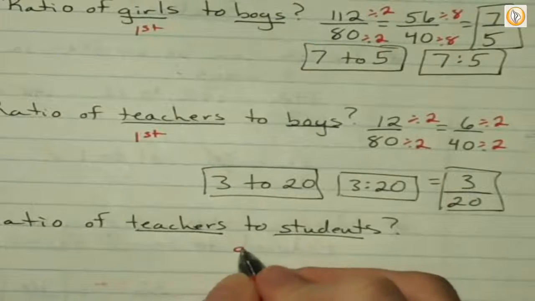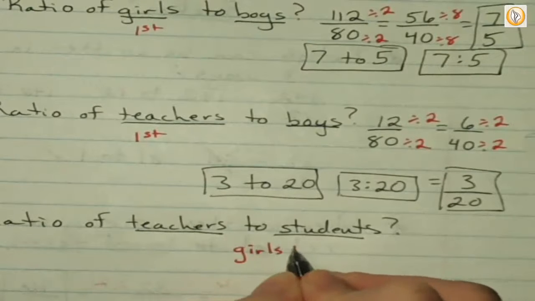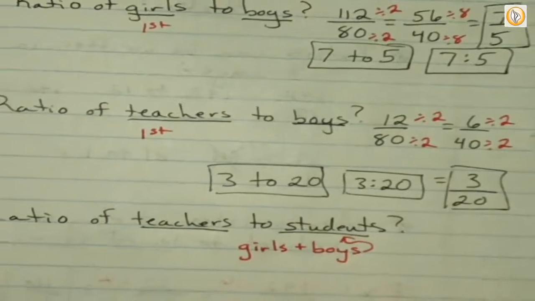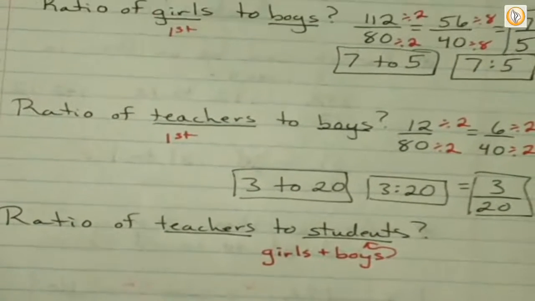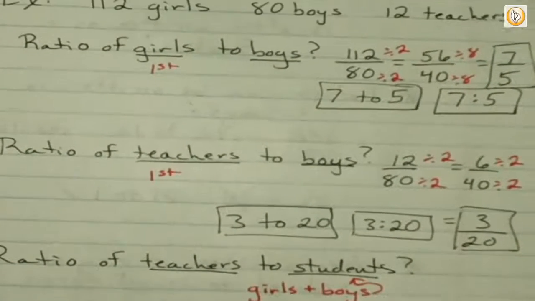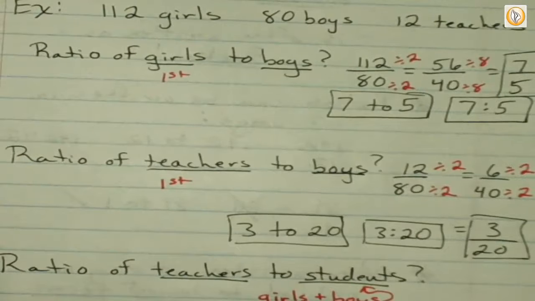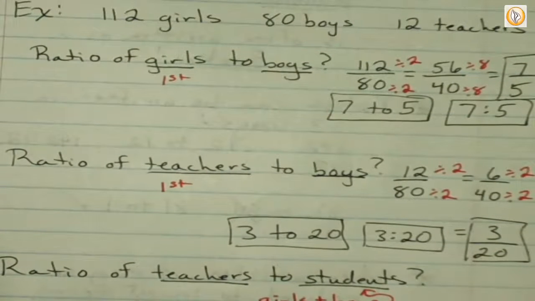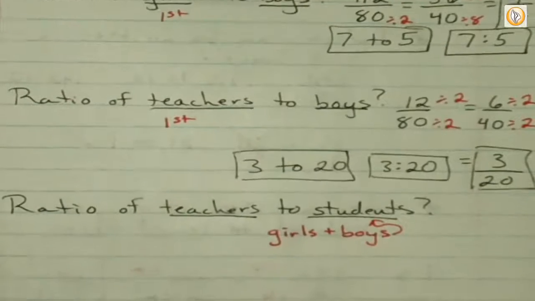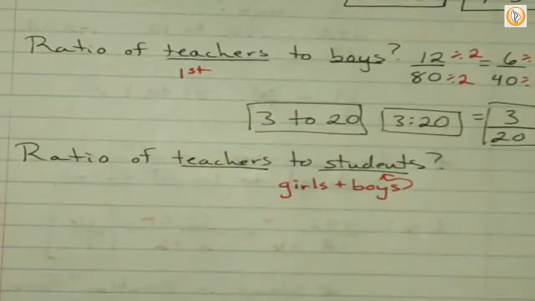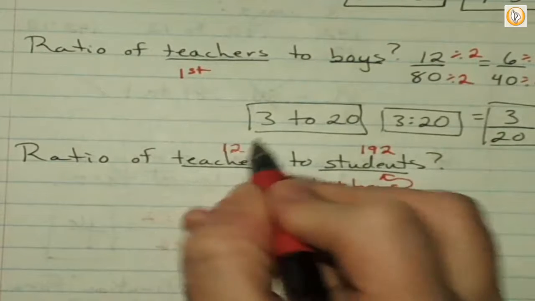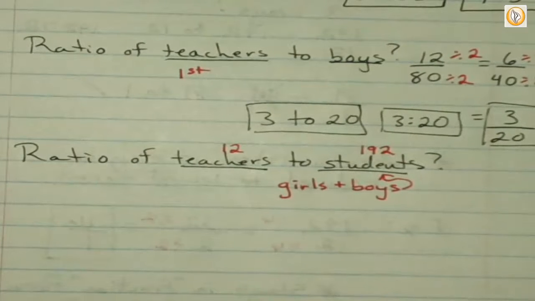So students is going to be girls plus boys. All right, so what do you get? Very good. So we have 192 students and 12 teachers.